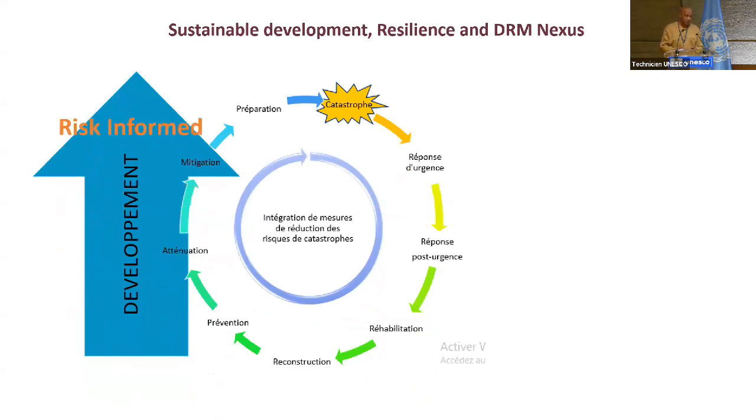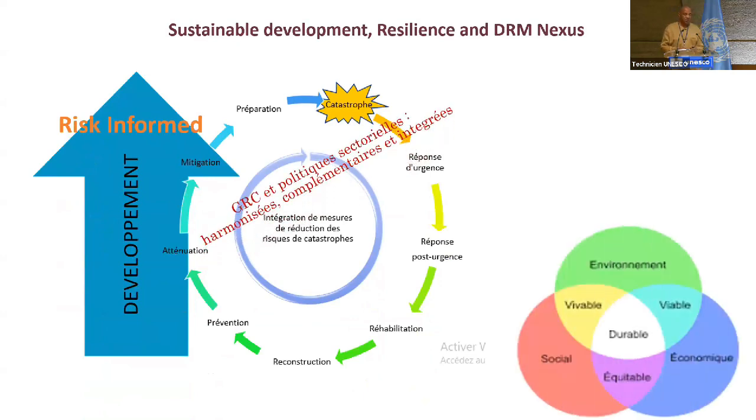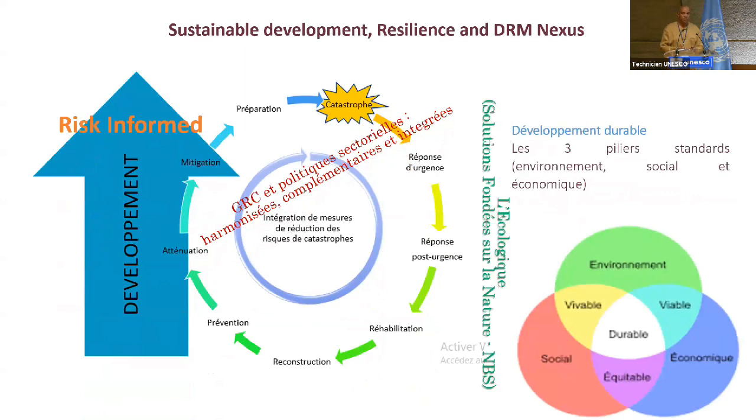So now I'd like to also develop with you these Sustainable Development Goals with these 3 pillars, the social, economic, and the environmental pillars. Now we understand that these are, of course, very important, but these are not sufficient.